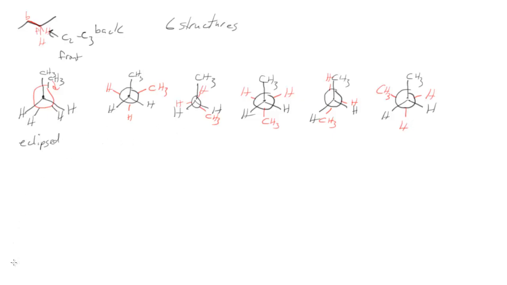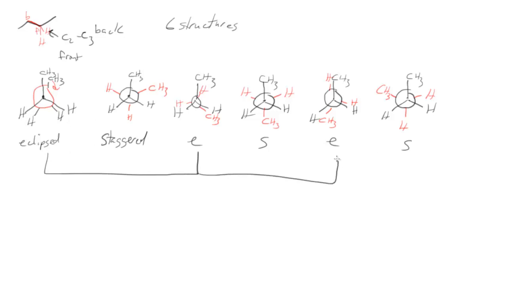So I'm just going to write eclipsed, staggered. After that, I'm just going to write a letter, E, S, E, S. Eclipsed, staggered, eclipsed, staggered. However, all 3 of these eclipsed ones are not identical.